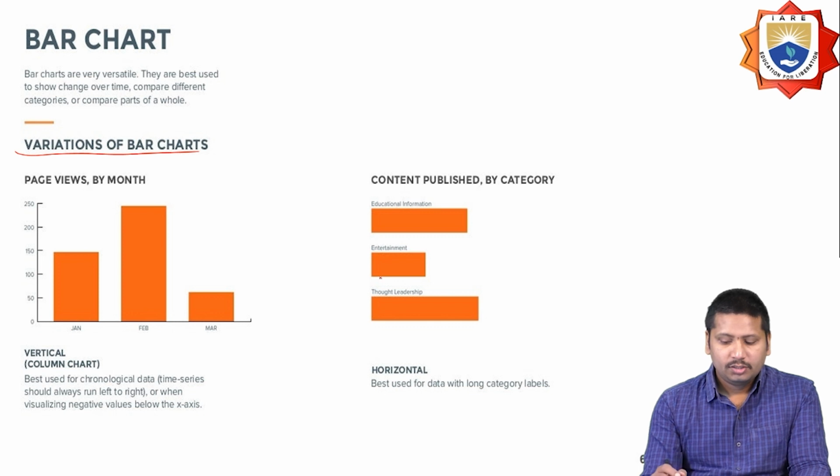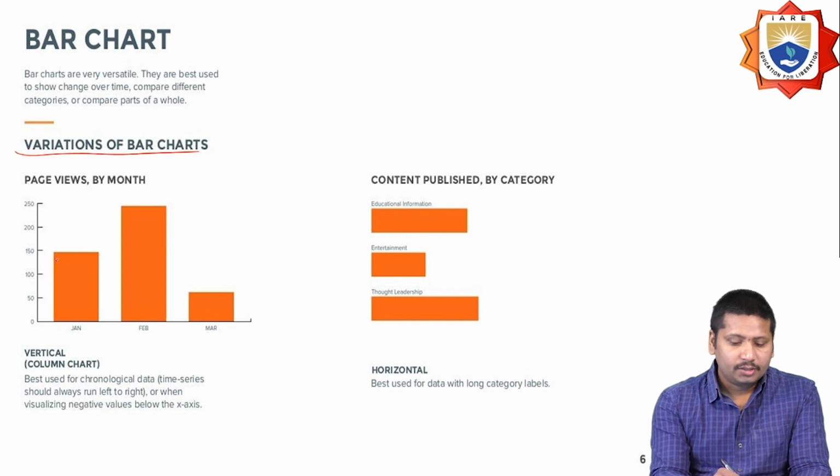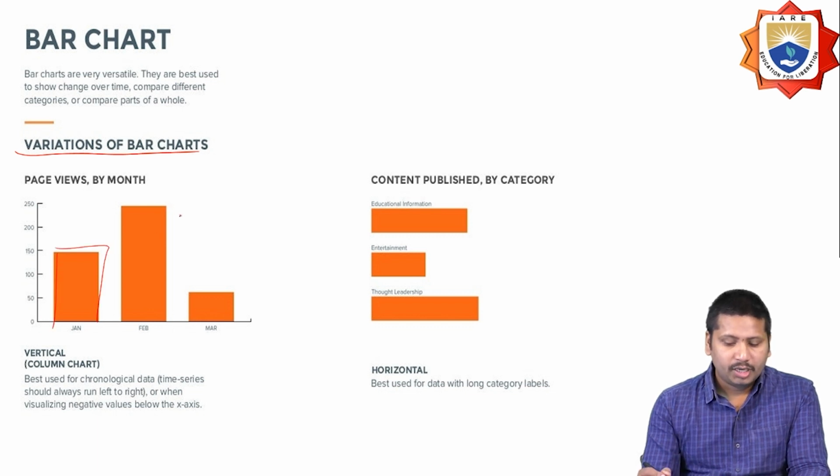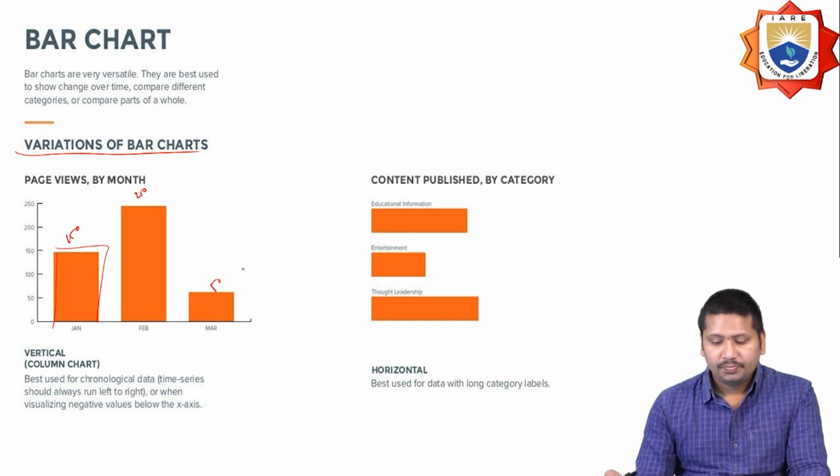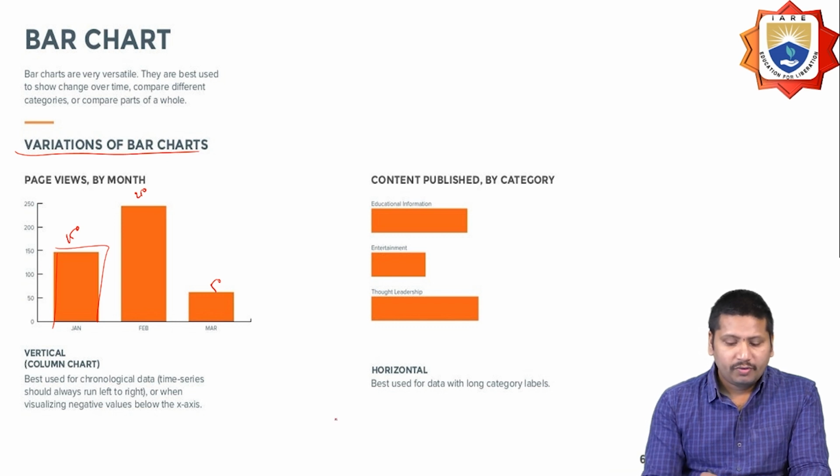I want to know the number of page views in a month, so how can I show it? It may be a bar chart. This is the suitable one, so I can know how many viewers in January and how many viewers in February and how many viewers in the next month. So this should be a vertical one.